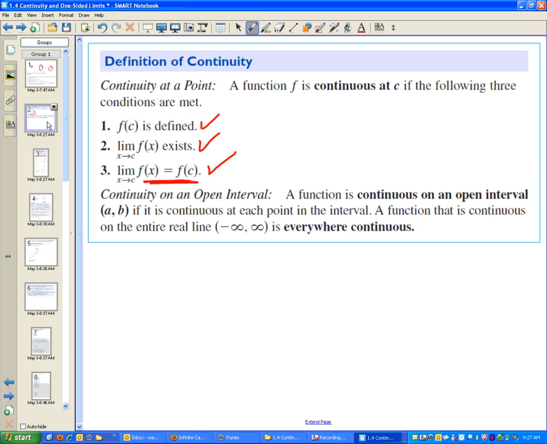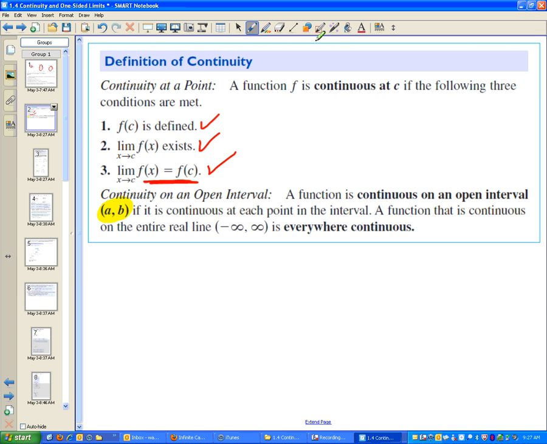Continuity on an interval, an open interval. Okay, open means that the endpoints may or may not be included, in fact aren't included. A function is continuous on an open interval from A to B. Now, pay attention to the context, because isn't that the same notation we use for the coordinates of a point? Yeah, so pay attention. They'll say interval, all right?